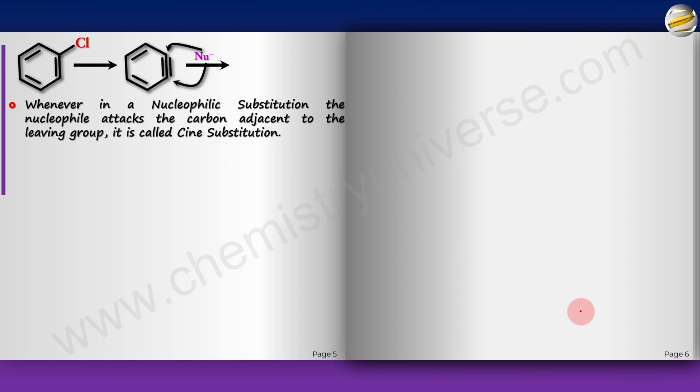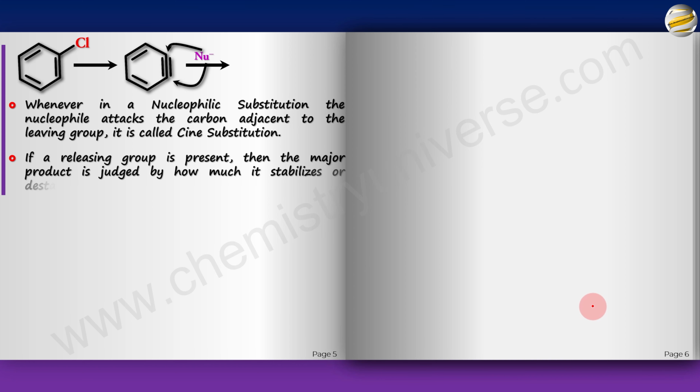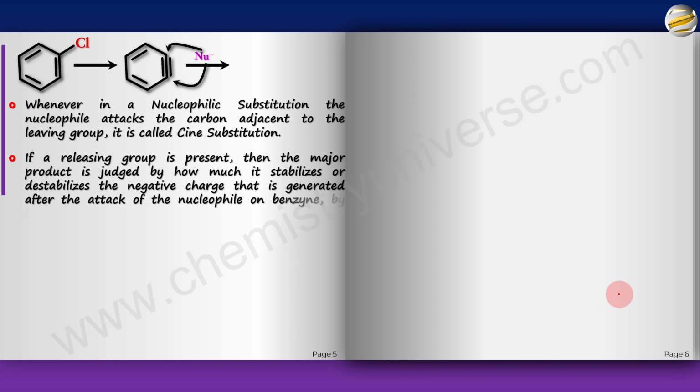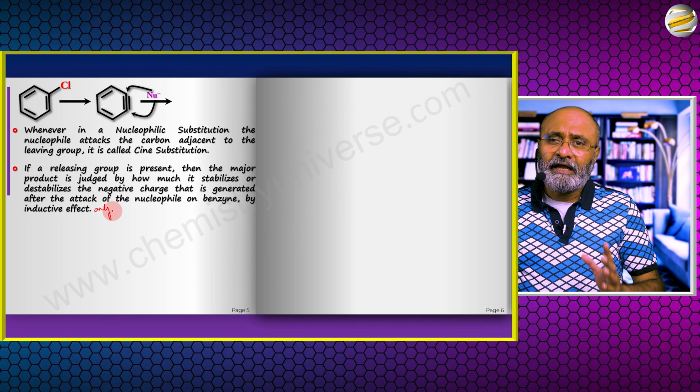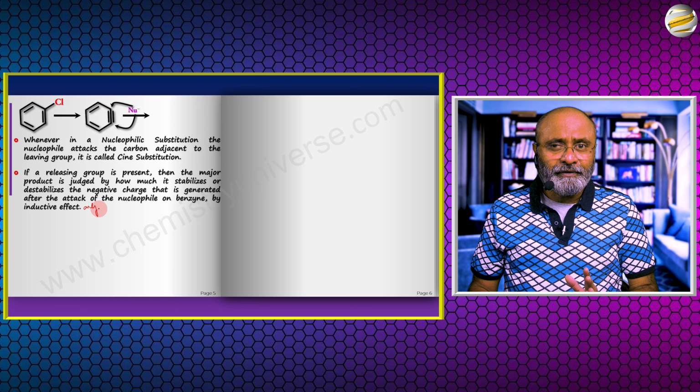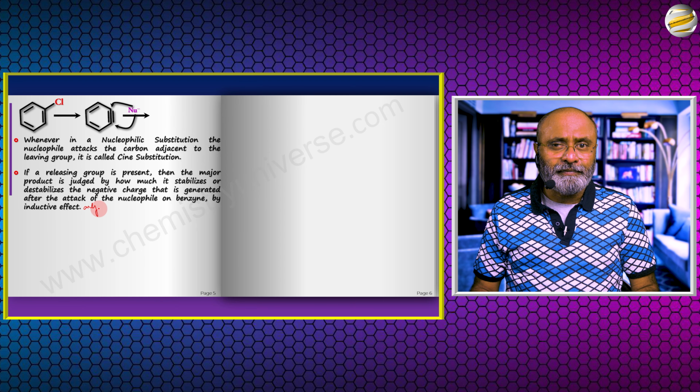Now, if a releasing group is present, then the major product is judged by how much it stabilizes or destabilizes the negative charge that is generated after the attack of the nucleophile on benzyne, by inductive effect only. Again, remember this. I've told you this before. Remember, benzyne is formed. The nucleophile attacks the carbon.